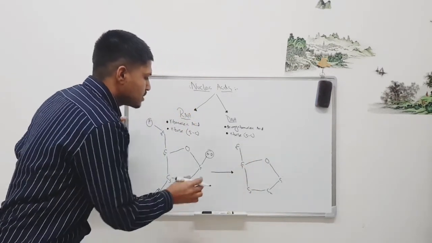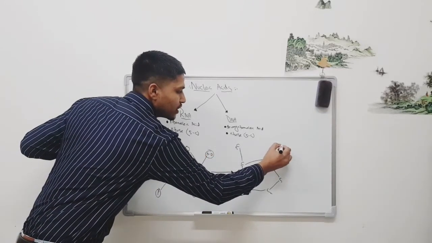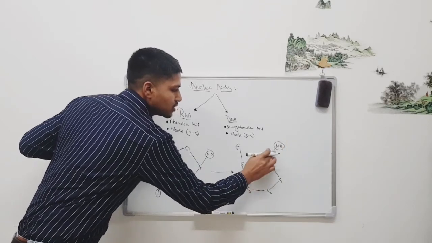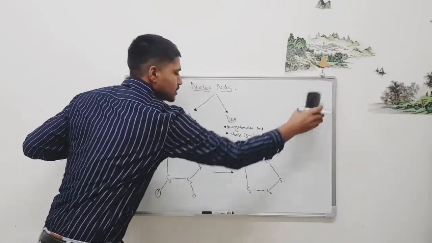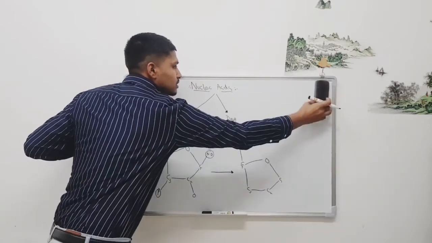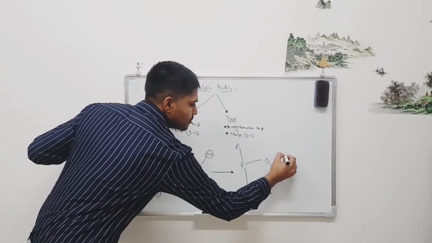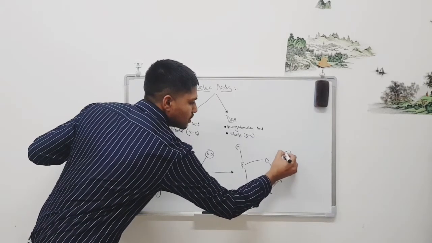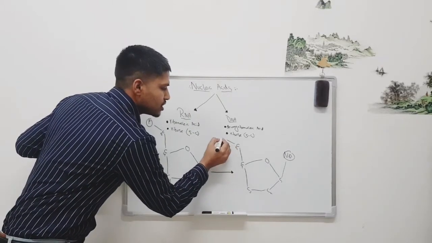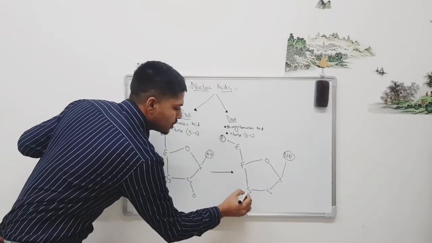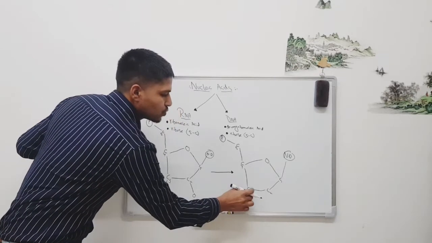Same as before, the nitrogenous base always attaches on carbon number 1, and the phosphate molecule attaches on carbon number 5 or on carbon number 3.